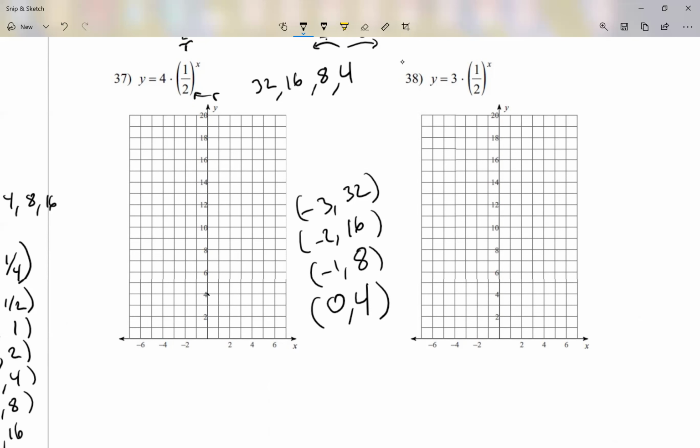So that gives me the point (0, 4), (-1, 8), (-2, 16). And now (-3, 32), I'm not going to have that. But when I see this, my graph is going down now, and eventually goes close to the x-axis. More like right here. Notice how my graph is going down.